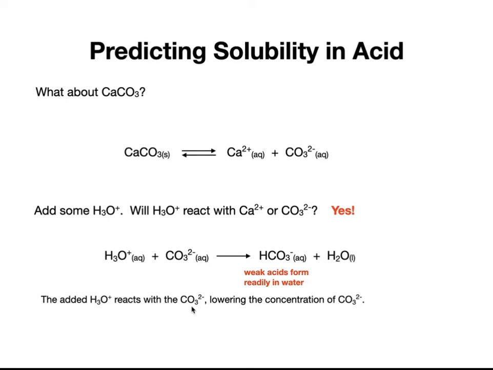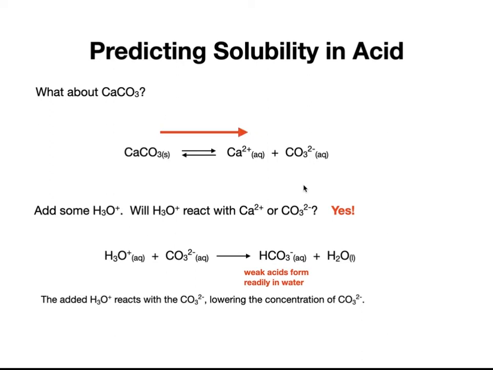As a result, what happens to the concentration of the carbonate? It goes down. It is essentially being removed from the solution when we add hydronium because the hydronium reacts with it. The more hydronium we add, the more carbonate reacts. What's going to happen to the equilibrium, class, if we lower the concentration of the carbonate ion?